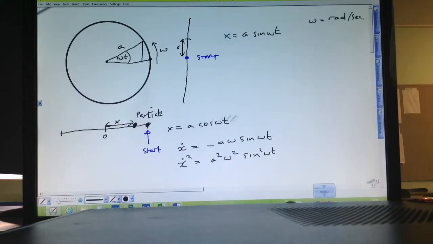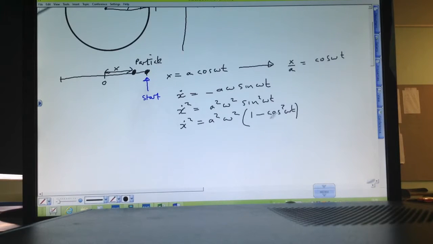What I'm going to do now is refer back to this, and this entire process works for this one as well. Okay, you'll get to the same results. Right, so here we go. If I rearrange this, I can see that I've got x over a is equal to cos omega t, and I can change this by using x dot squared equals a squared omega squared, and it is 1 minus cos squared omega t.